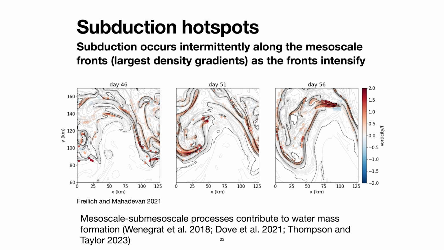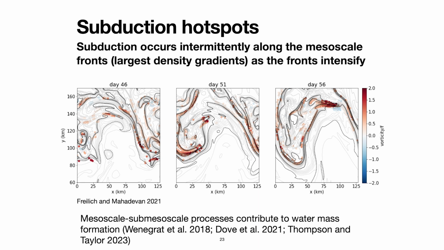And so in this modeling study, what I'm showing here is density contours in 3 different model snapshots. And each of the colored dots is showing a water parcel that left the surface mixed layer on the day that it left, and stayed down in the interior for a significant amount of time, in this case, about 10 days.